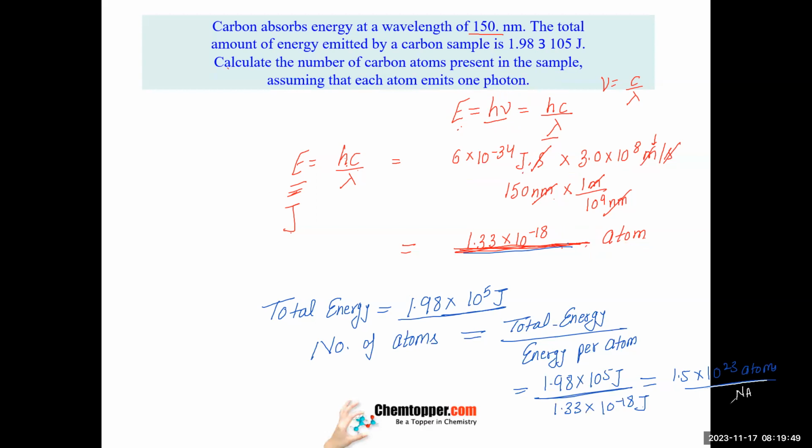Sig figs, Naisha, you check how many there are in the question. This is multiplication. How many sig figs here? 3. So this answer is in 3 sig figs. How many sig figs here? 3. So the answer will be in 3 sig figs. So I think we have written it in 2. We need one more number.